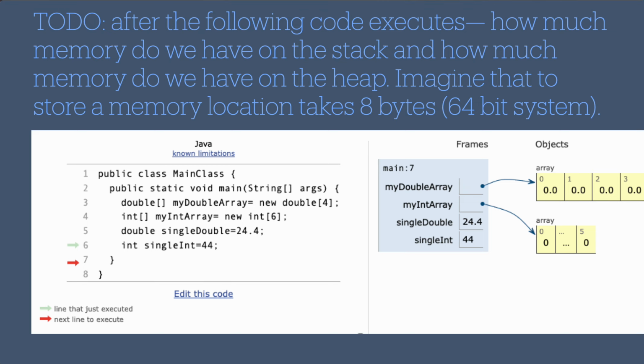My double array and my integer array, okay? And so those must be addresses, right? And then on the heap, we have whatever, 4 double values and 5 or 6 integer values, okay?